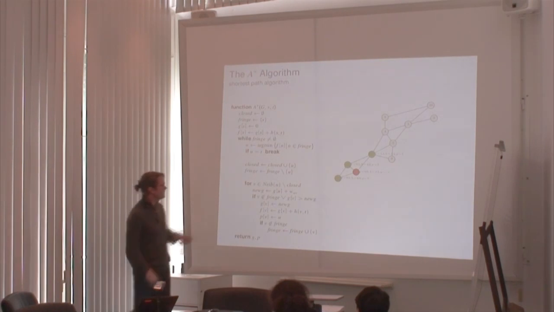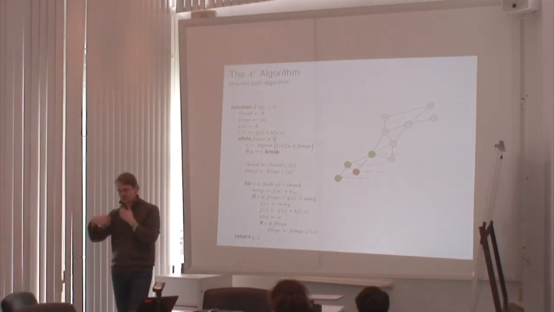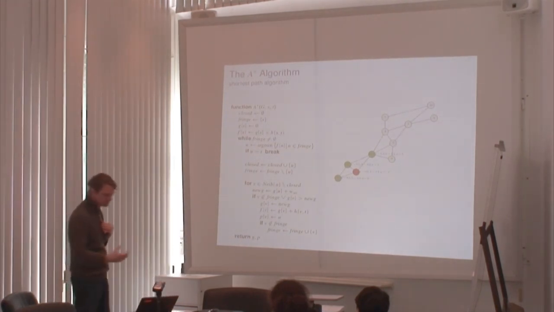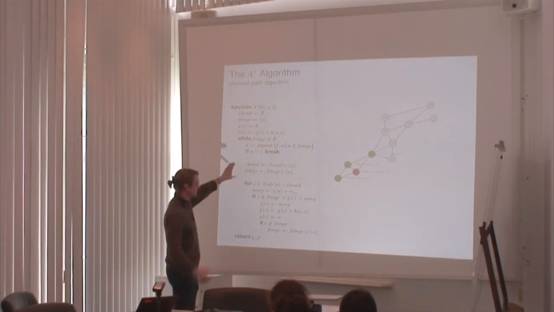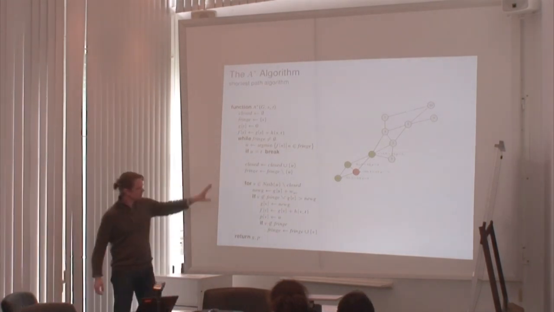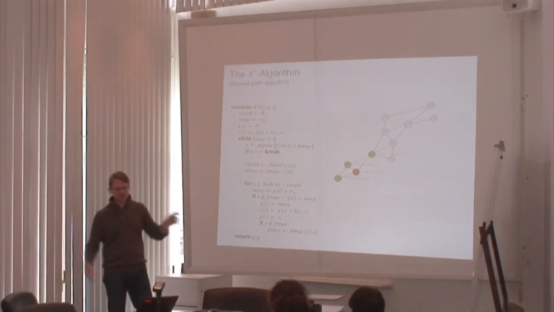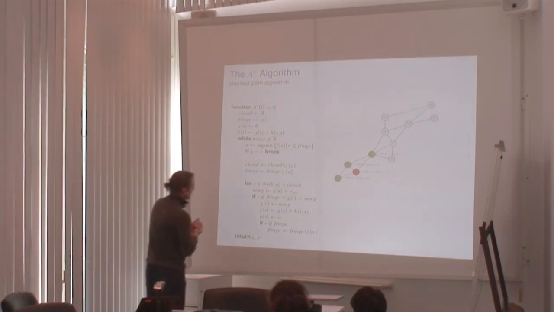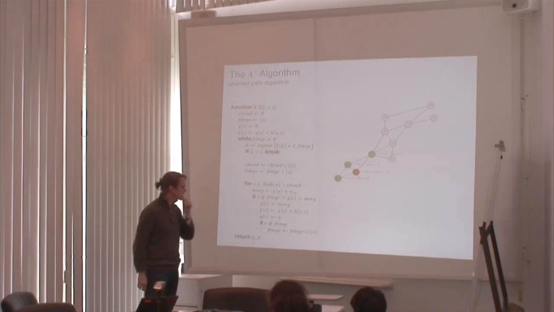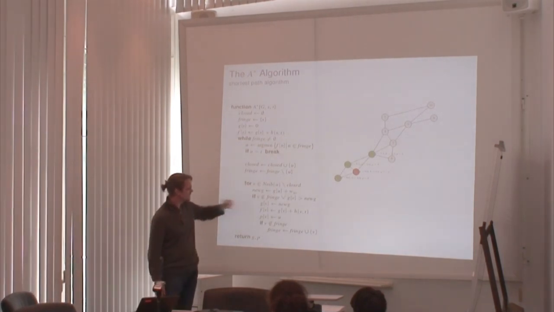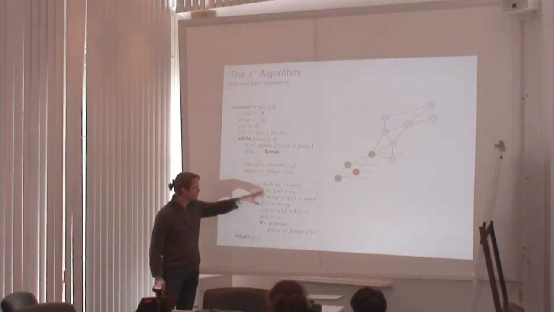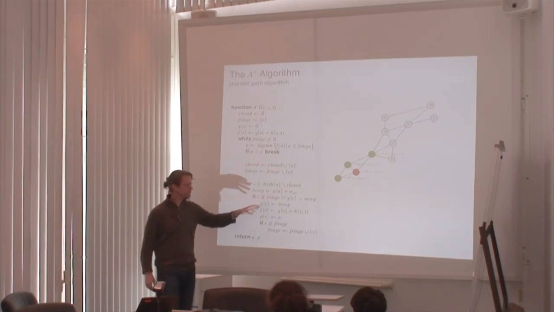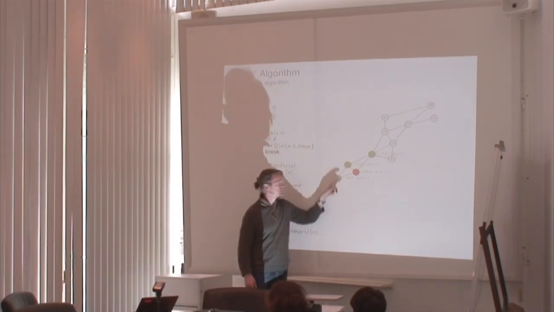If that is not the case, we remove the node we just selected from the fringe and add it to the closed list, as always. And then we look at all its neighbors, if they are not in the closed list already. We first compute a new distance, just as we did with Dijkstra, for each of the neighbors.